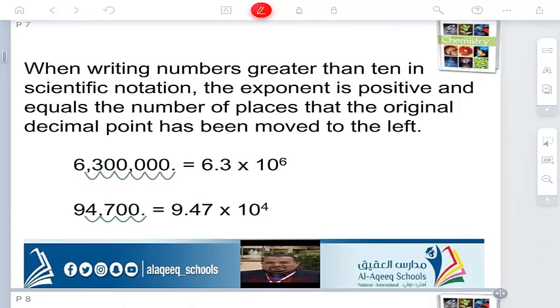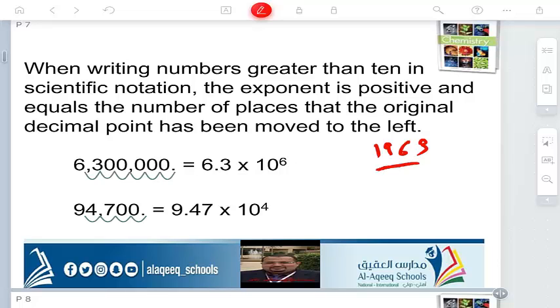When you write a number like 6300000, you have to imagine the decimal. If the whole number is like this, for example, 6913, where is the decimal here?